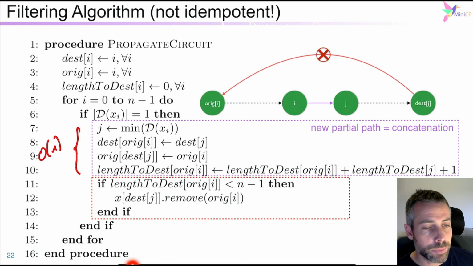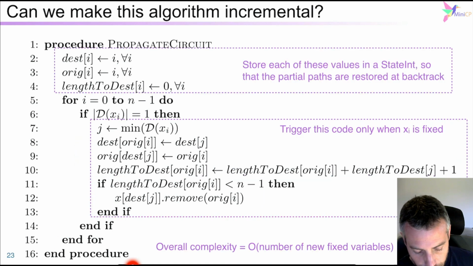Can we make this implementation more efficient? Actually, yes, and we should do some incremental reasoning there. We can update these three types of values incrementally during the search in order to avoid having to loop over all the variables. And so we can trigger this code only when xi is fixed. We can attach a triggering event to the detection of xi being fixed.